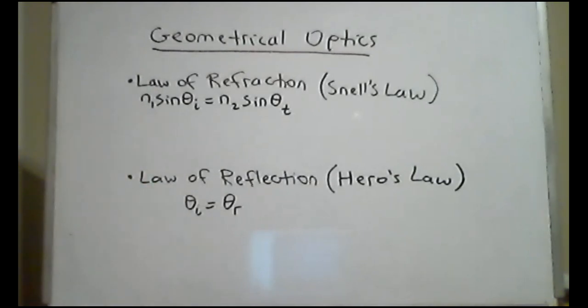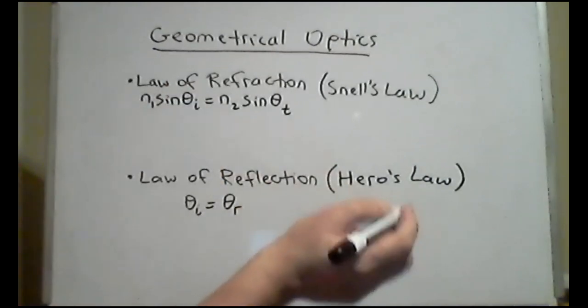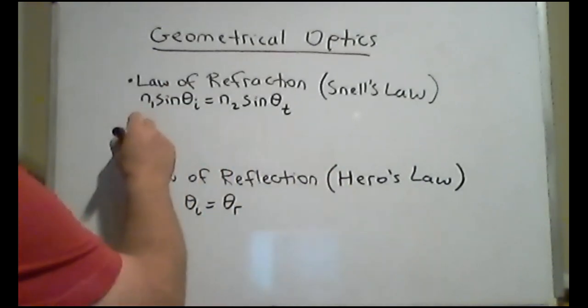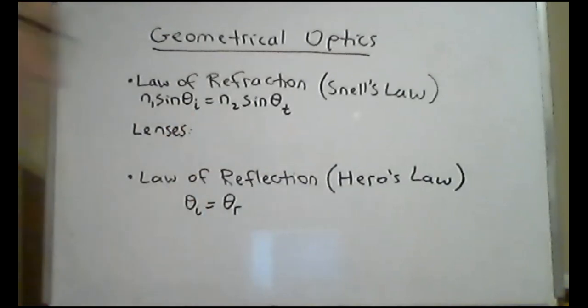Now, we will have the thin lens formula as well. One application of Snell's law is lenses. For lenses, there are two equations that you can derive from geometry, really based upon Snell's law. I did not do any of that.